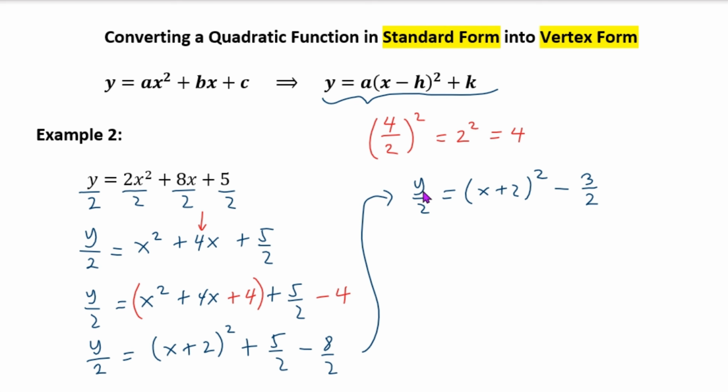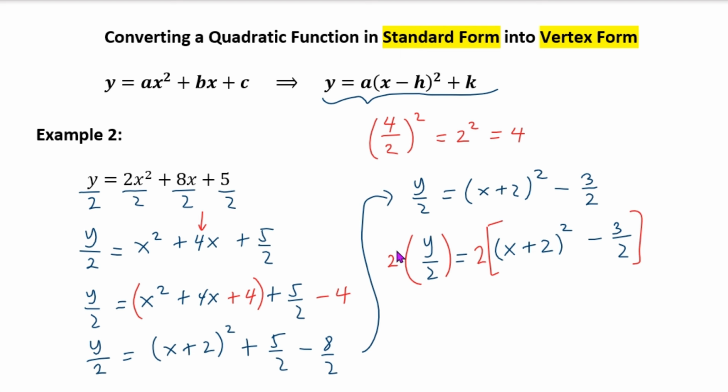But here we have y over 2, so we have to multiply both sides by 2 to cancel the denominator 2. So we have to copy this one first, and then let's multiply both sides by 2.